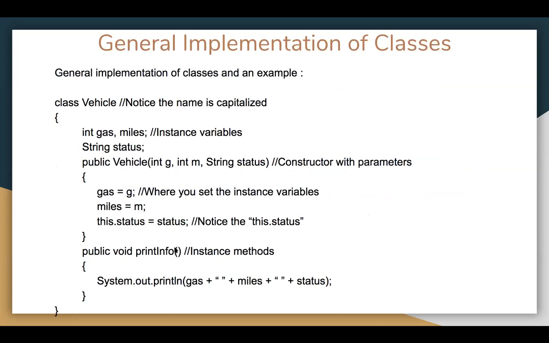You don't see me using the parameter G here; I'm using the variable gas instead. So just make sure that you're always using the names of the instance variables. That means you don't have to specify really clearly what the parameters are for, but for the instance variables, make sure that you're spelling out what they are doing.